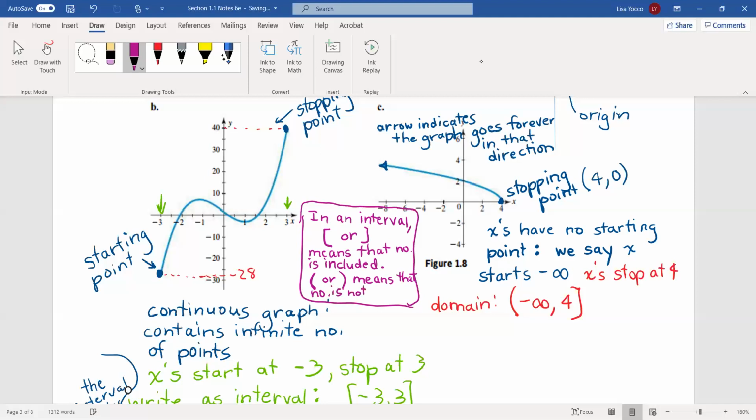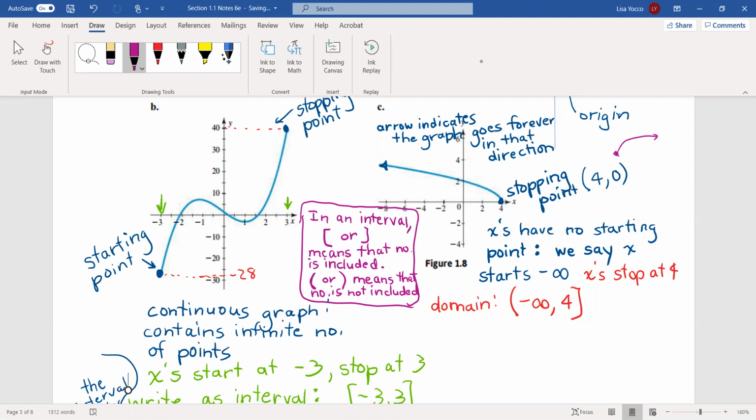Wait, I have a question. Okay, so if it was facing the other way, the starting point would be positive infinity, right? That would actually be the stopping point. Oh, you mean if it looks something like that? Is that what you mean?